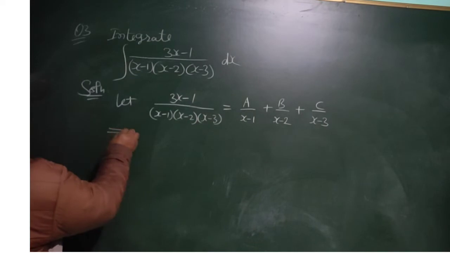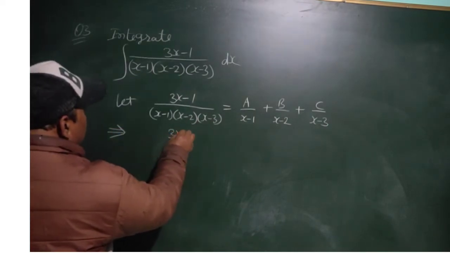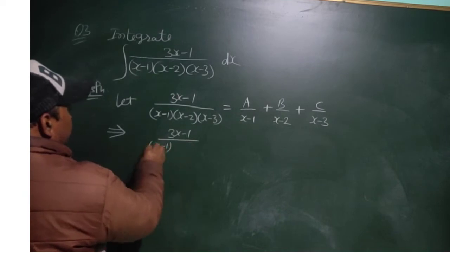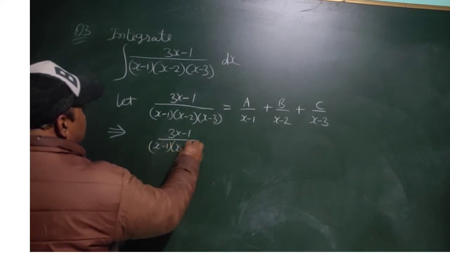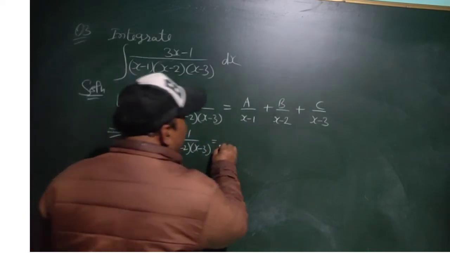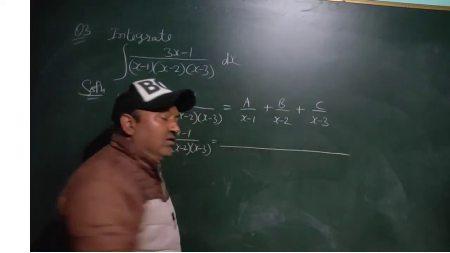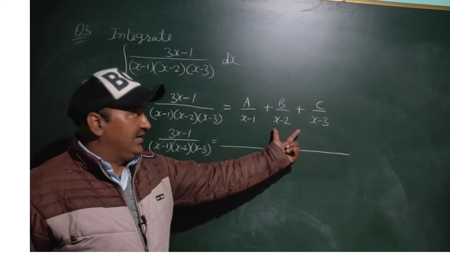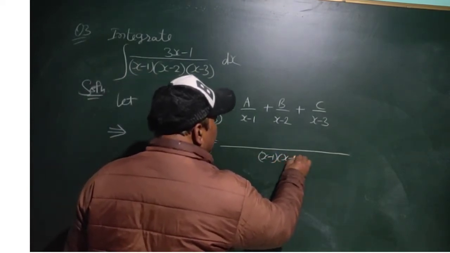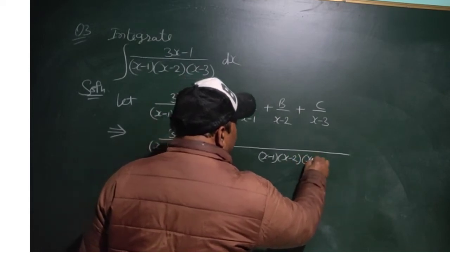Now again, (3x minus 1) upon (x minus 1)(x minus 2)(x minus 3) is equal to, taking LCM of the right hand side, that is (x minus 1)(x minus 2)(x minus 3).